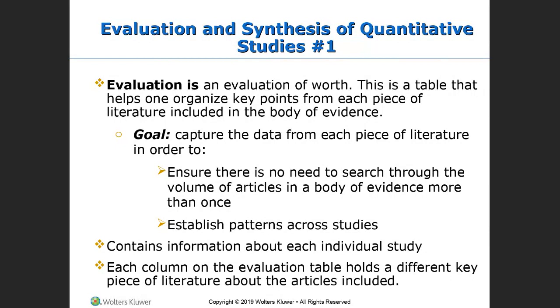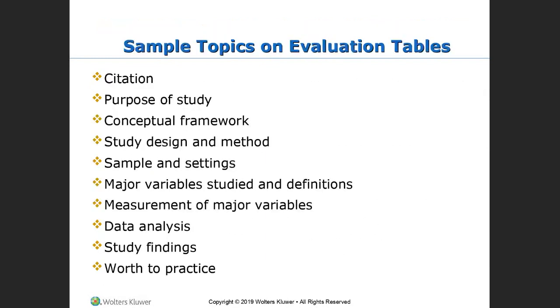It's basically like a summary form that you'll have. And each column of the evaluation table holds a key piece of information about the article. So I'm going to put that in the module for this week, so you can start to gather some evidence, again, to take with you and work as building the project.